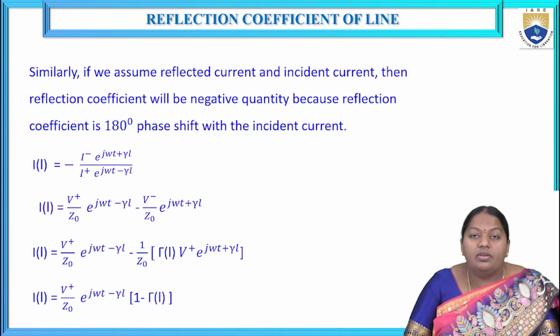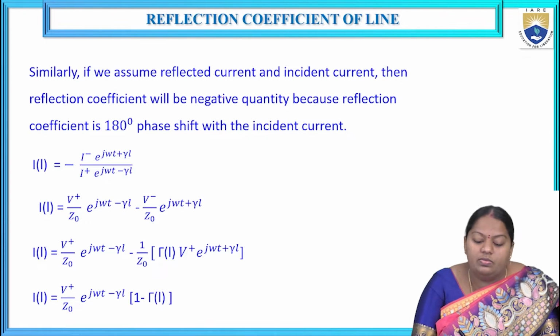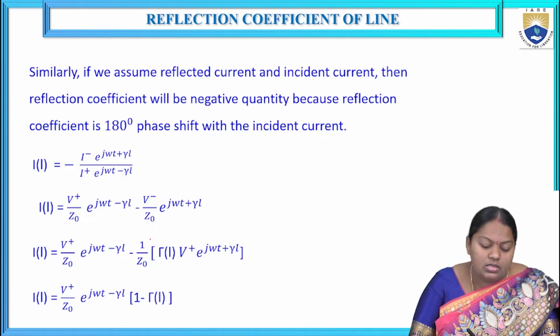similarly, previously we considered the reflection coefficient for the voltages, now we are talking about the reflection coefficient related to the currents. So similarly, if we assume reflected current and incident current, then the reflection coefficient will be a negative quantity, because the reflected current has a 180 degree phase shift with the incident current, right? So that is the case.